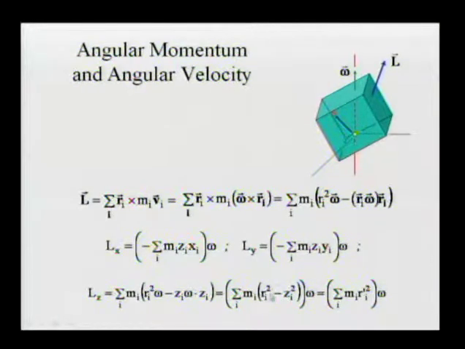Now I want you to take a look at what Ri squared minus Zi squared is. Just this expression. We will have to take a look over here. Ri squared, if I consider this particle, is the length of this position vector.